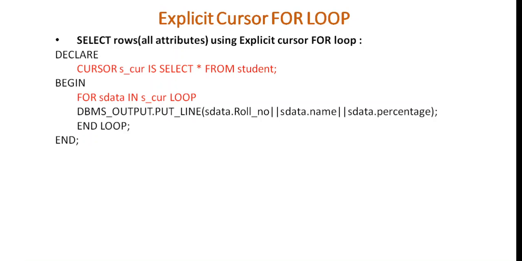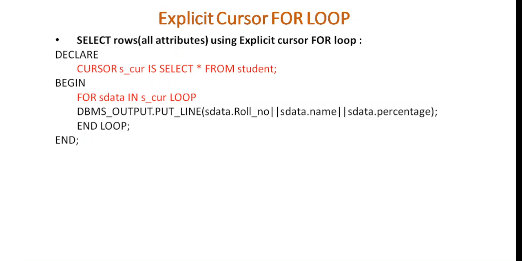Now see, this program is the same as the previous program, but the difference is that in the previous program we used a simple loop statement. Here, instead of the simple loop, we are using a for loop. So by using the for loop you can also minimize the number of statements. In this program we don't have the open command, we don't have the fetch command, and we are not writing the close cursor command.